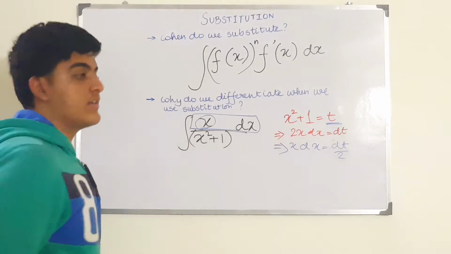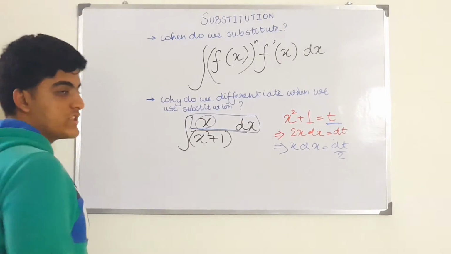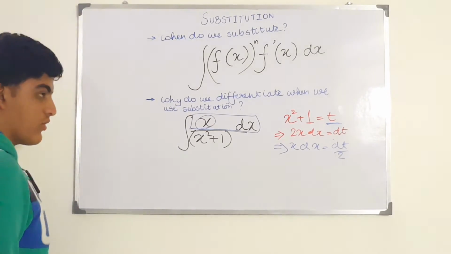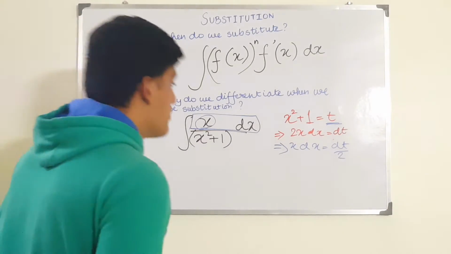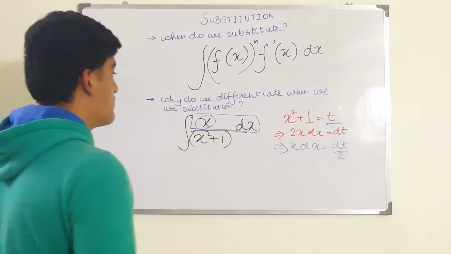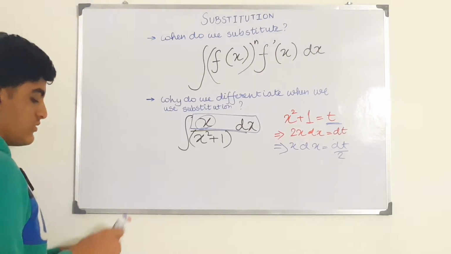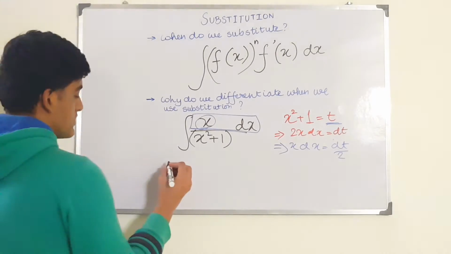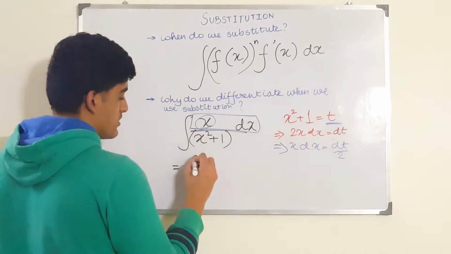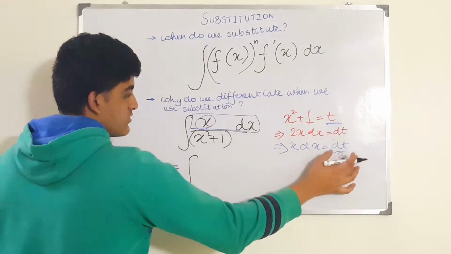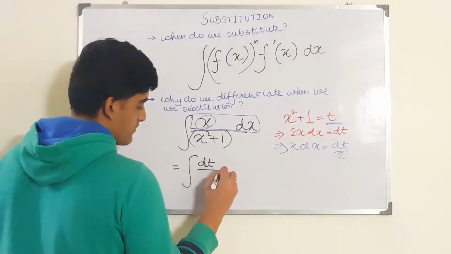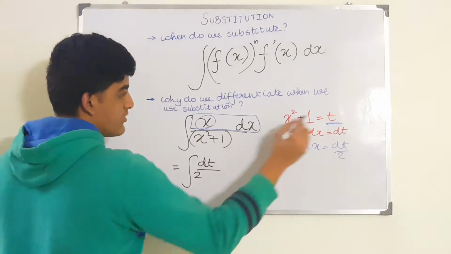Because as I said, we cannot have two variables in the same integral. We cannot integrate two variables at the same time. So this is the integration of this. So we have dt by 2, and x squared plus 1 is t.